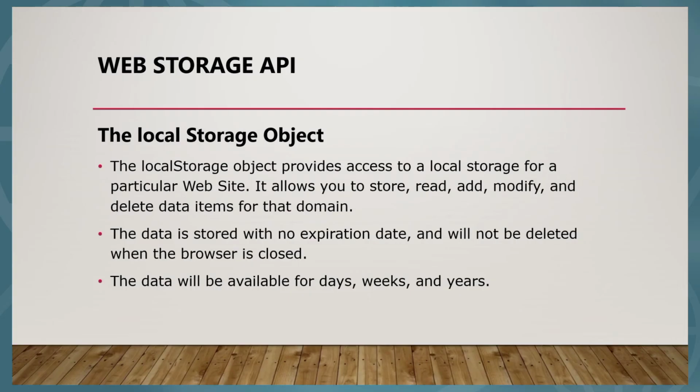The local storage object. The local storage object provides access to a local storage for a particular website. It allows you to store, read, add, modify, and delete data items for that domain. The data is stored with no expiration date and will not be deleted when the browser is closed. The data will be available for days, weeks, and years.